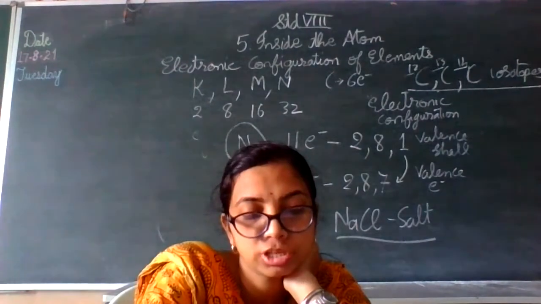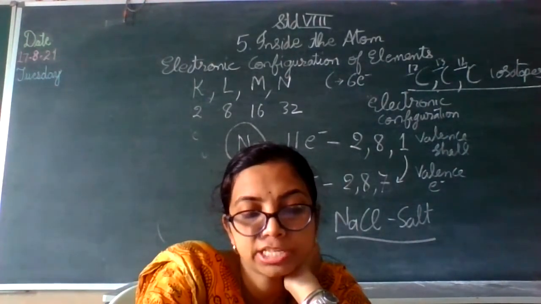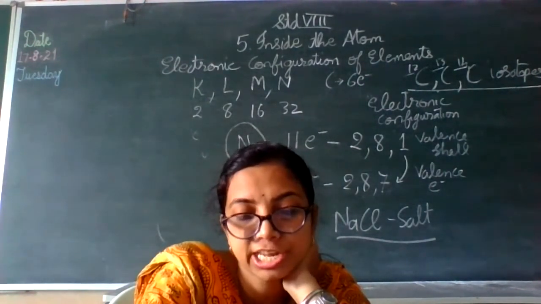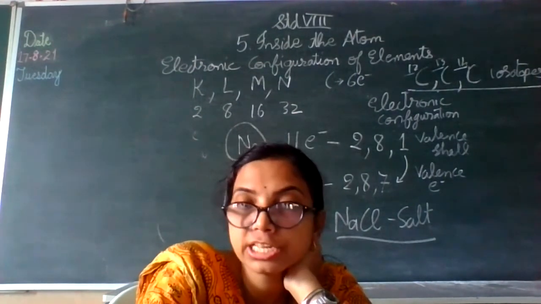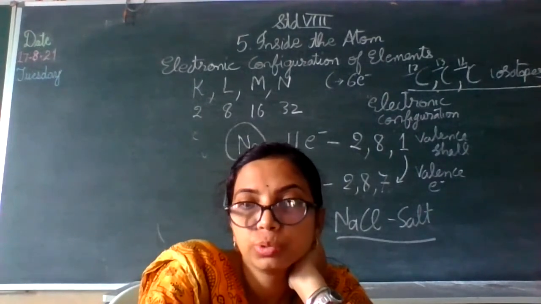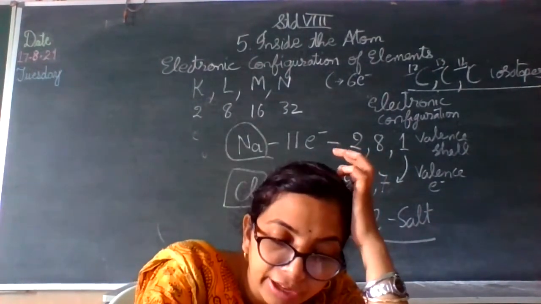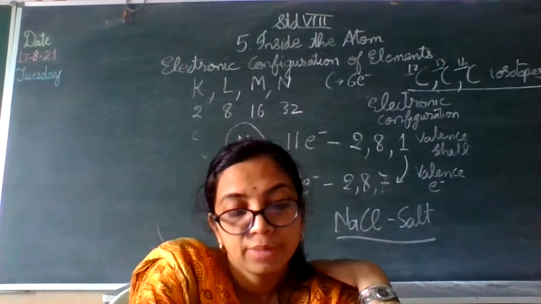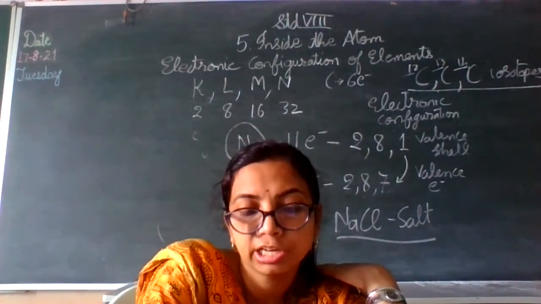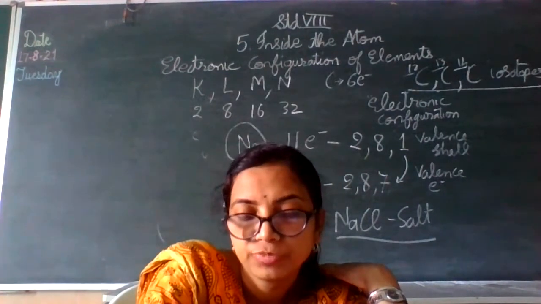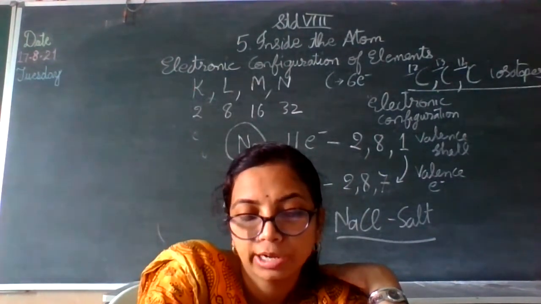Uranium-235 is being used. Then radioactive isotopes like cobalt-60 are used in the medical treatment of fatal diseases like cancer, to give that radiation to kill the cancer cells. Then the iodine-131 isotope is used in the treatment of goiter, a disease of the thyroid gland.